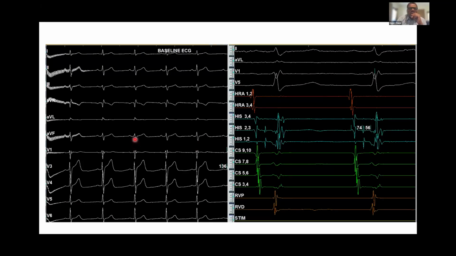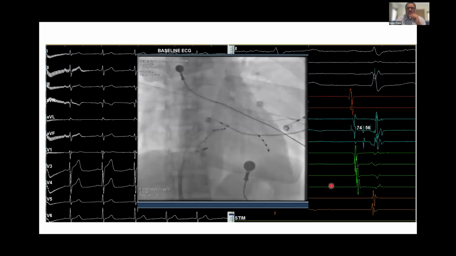There is subtle evidence of pre-excitation in AVF and V2, there is an incomplete right bundle branch block pattern in V1, and the HV interval is normal, 56 milliseconds. Normal HV interval is upwards of 55. Anything shorter than that, we'll start wondering whether there's anything happening there.